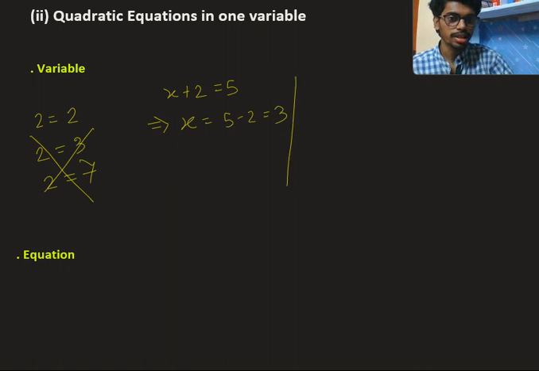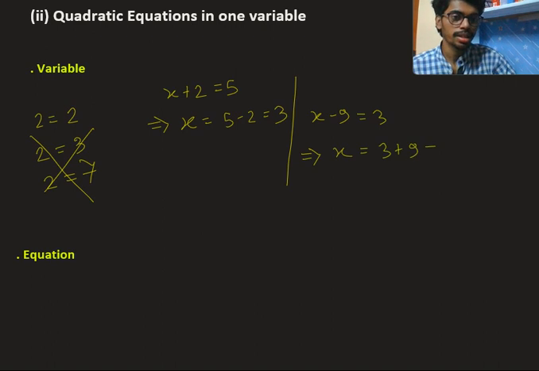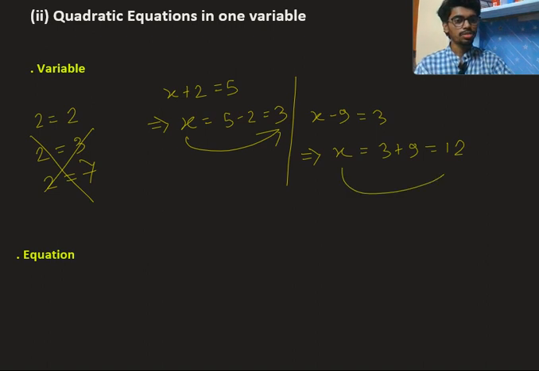And if the equation or the condition changes, that is x minus 9 is equal to 3, then you will get the value of x as 3 plus 9, that is equal to 12. So you see, if the equation or the condition changes, the value of x changes. Here the value of x is 3 and here the value of x is 12.